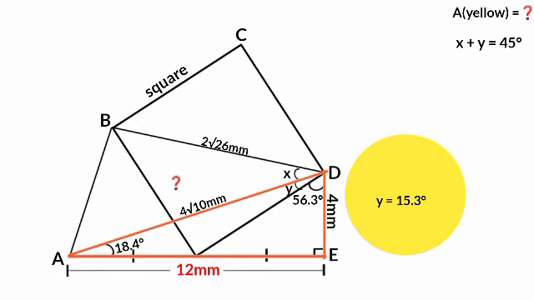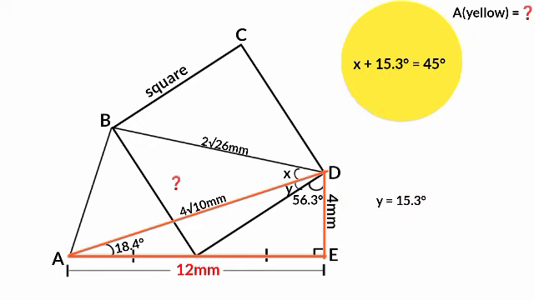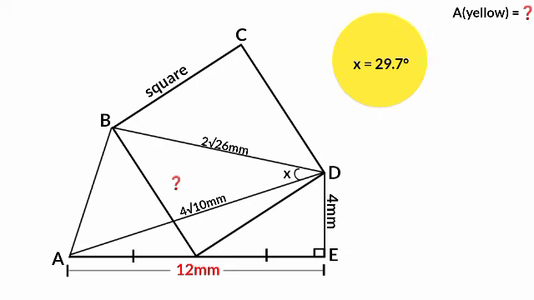So y equals 15.3 degrees. If we substitute here, x plus 15.3 degrees equals 45 degrees. Making x the subject, x equals 45 degrees minus 15.3 degrees, which is 29.7 degrees. That is, the size of this angle is 29.7 degrees.